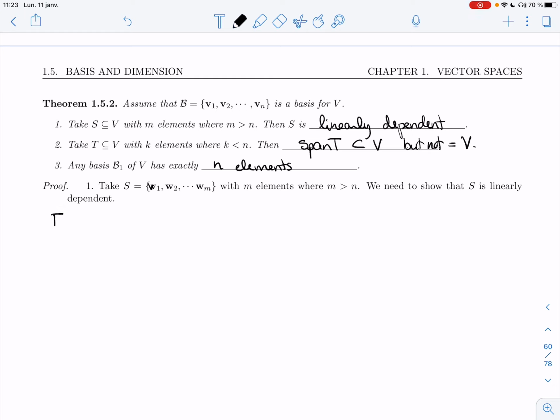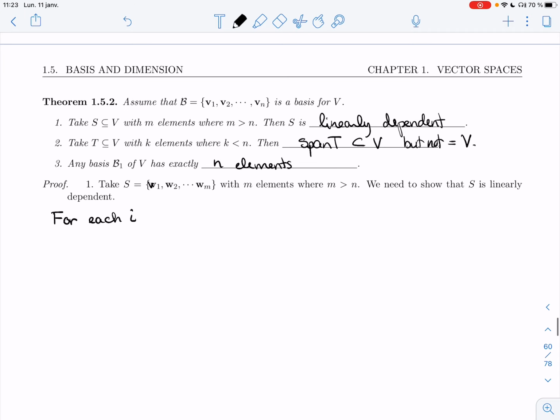So for each i, wi, this element of this subset, is in V, so it is in the span of our basis, and so that means that wi is equal to some linear combination, b1 v1 plus b2 v2 plus bn vn.